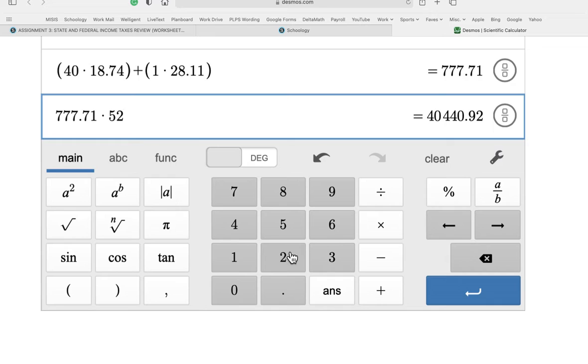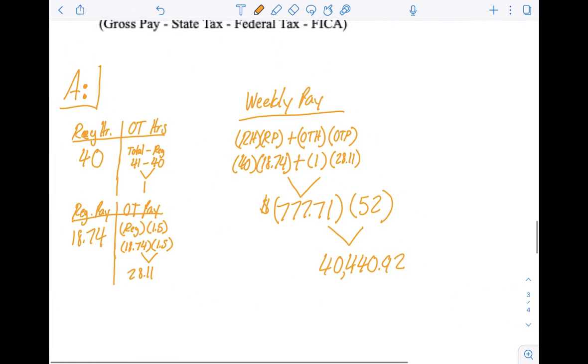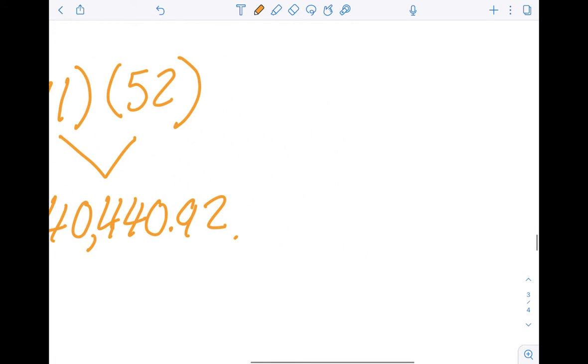And there it is right there. And look at that. That's how much he makes for the year.